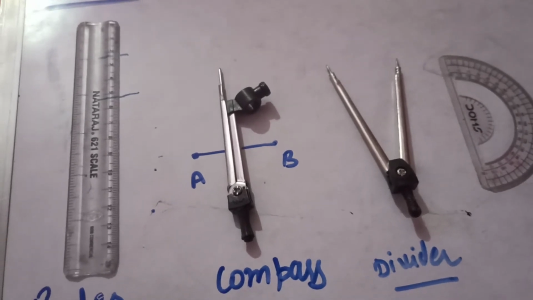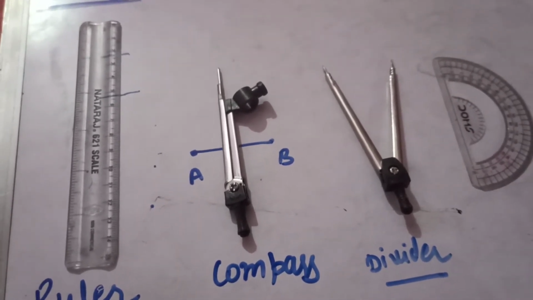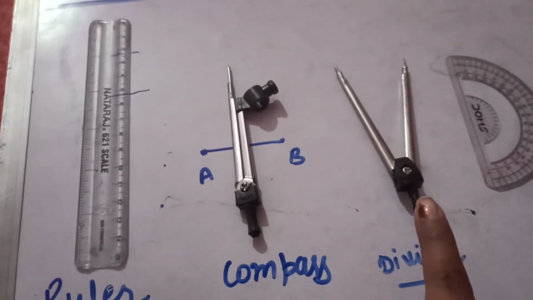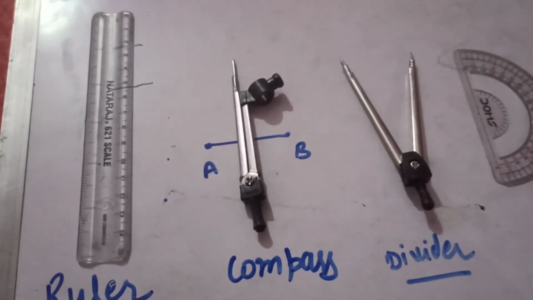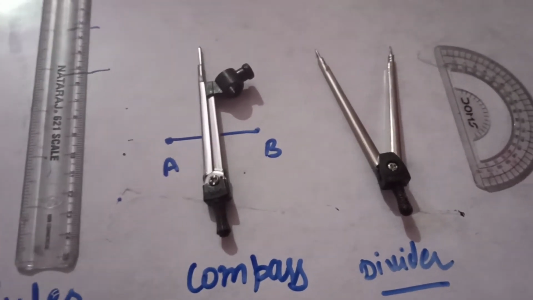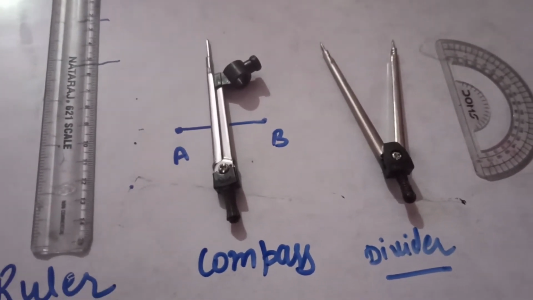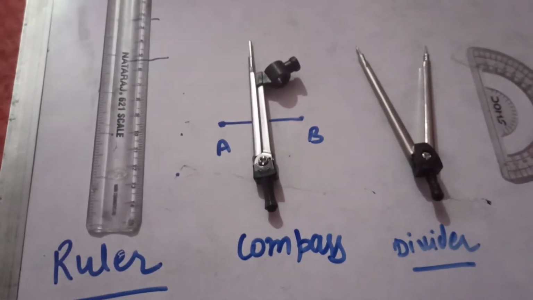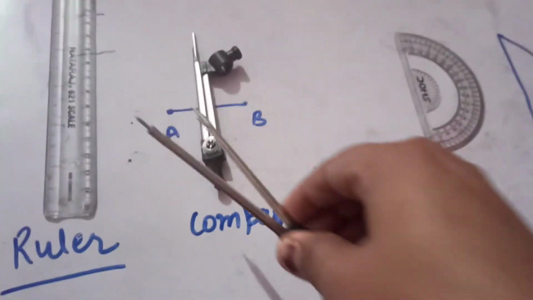Both legs have a pointed needle at the end. Compass has only one pointed needle and divider has both pointed needles at the end. Now where is the divider used? Dividers are used to compare lengths.